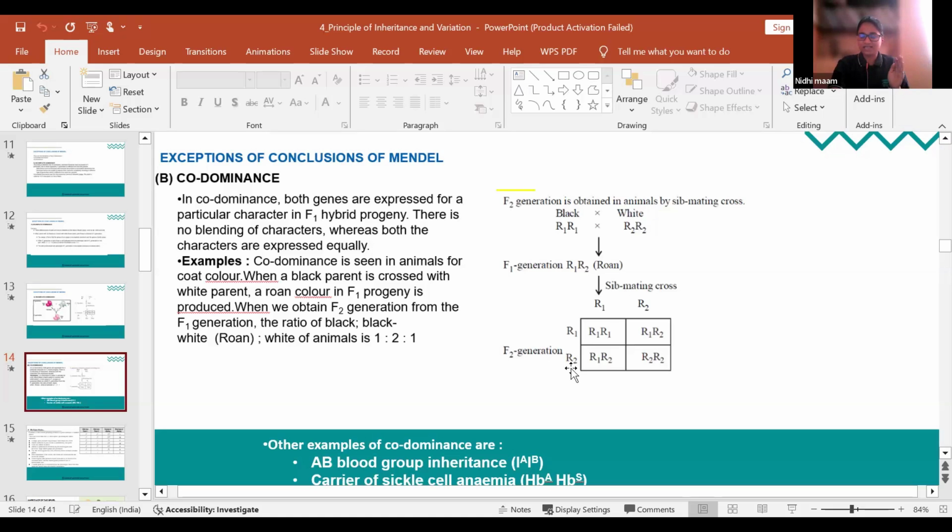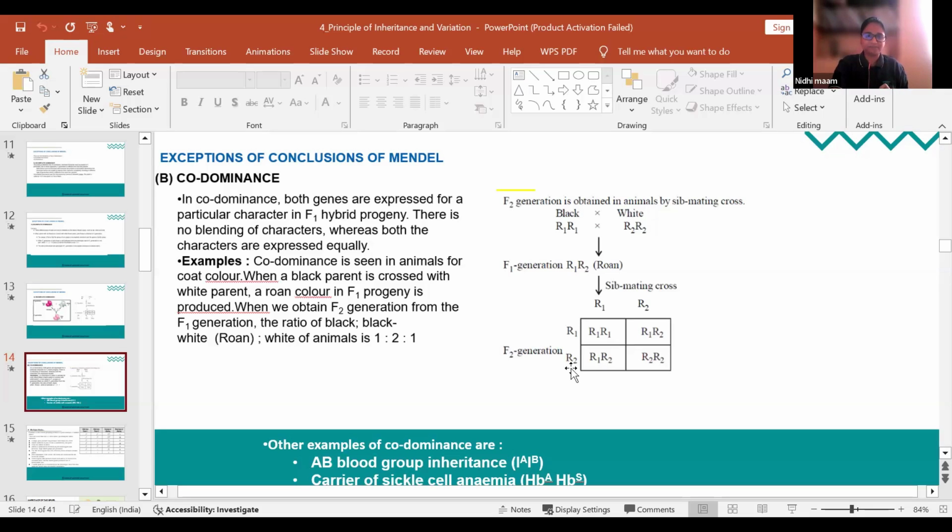In incomplete dominance, the dominant character is expressed partially. But in codominance, both alleles, both genetic forms, are expressed in the F1 hybrid progeny. There is no blending or mixing of the characters. Both characters are expressed equally.